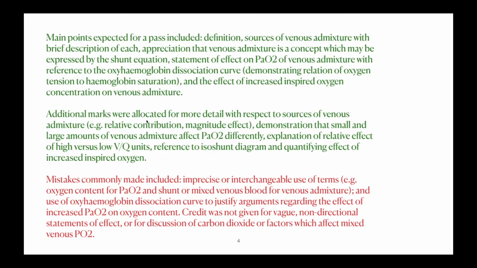So additional marks were allocated for more detail with respect to sources of venous admixture, for example, relative contribution and magnitude of effect, the demonstration that small and large amounts of venous admixture affect the partial pressure of oxygen differently, and the explanation of the relative effect of high versus low VQ units with reference to the isoshunt diagram and quantifying effect of increased inspired oxygen.